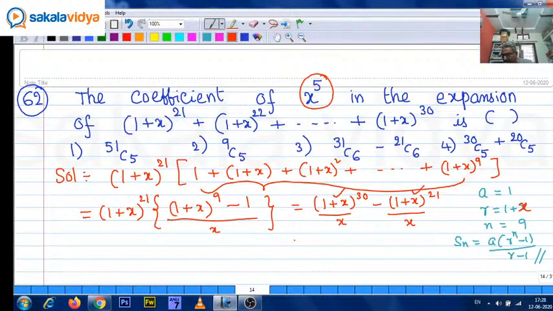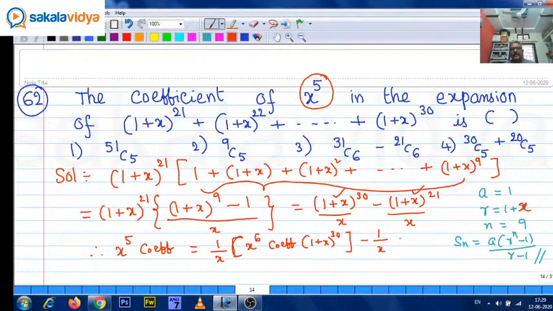Therefore the x to the power of 5 coefficient is 1 by x multiplied by the x to the power of 6 coefficient of (1 plus x) to the power of 30, because x to the power of 6 by x becomes x to the power of 5, minus 1 by x into the x to the power of 6 coefficient of (1 plus x) to the power of 21.